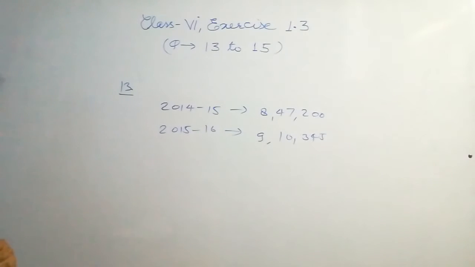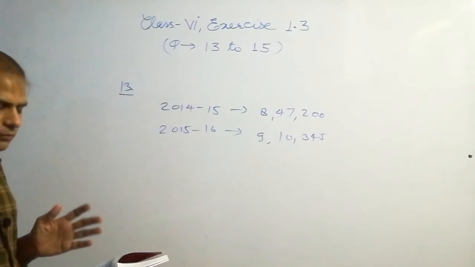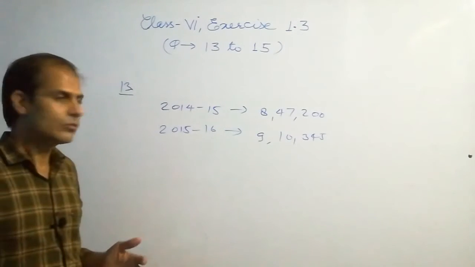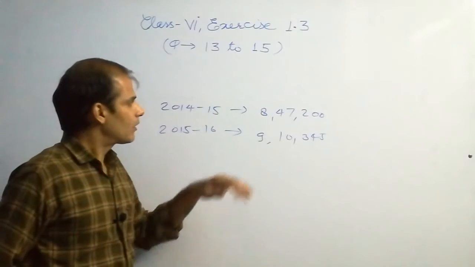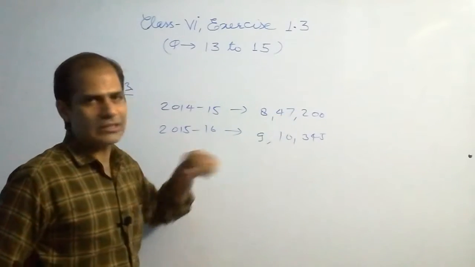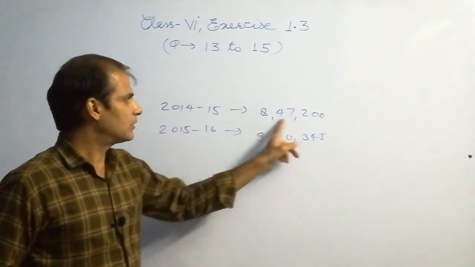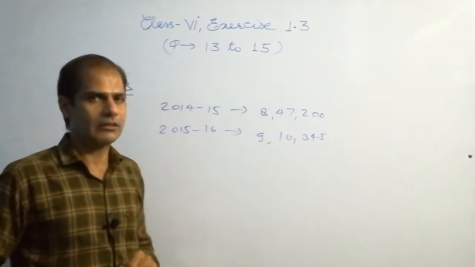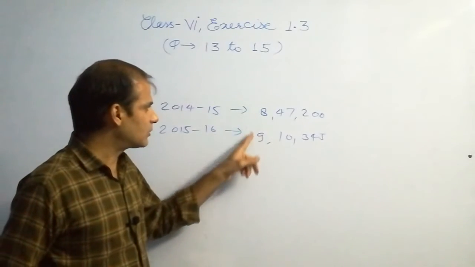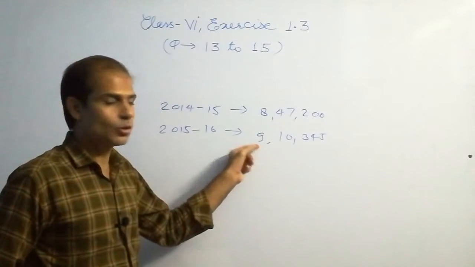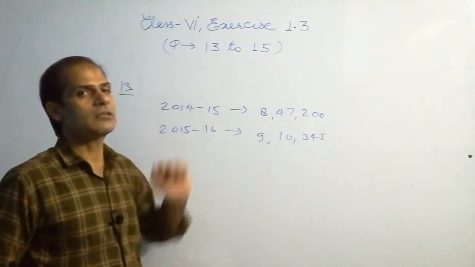So we have to find the number of TV sets which were sold more. As you can see, when we compare both these numbers, the number of digits are same. Here 6 digits are there, 6 digits are there, but the first digit is bigger in this number, so this number is bigger and this is smaller.